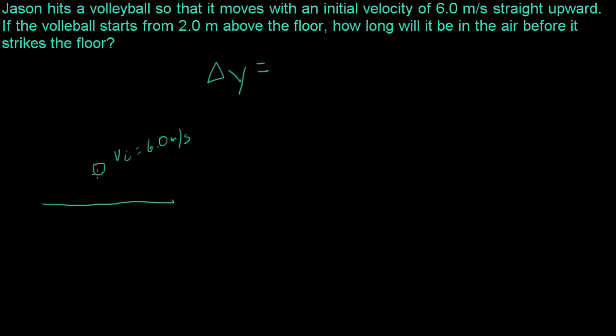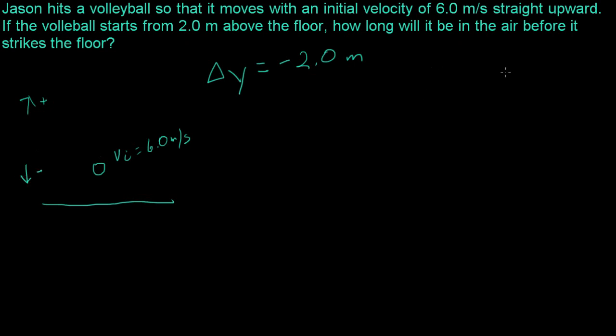And if it starts 2 meters above the floor, and it ends up on the floor, then the change in y, the change in position, is going to be negative 2 meters. Why is it negative 2 meters? Because generally, much like a coordinate plane, we define up as positive and down as negative.